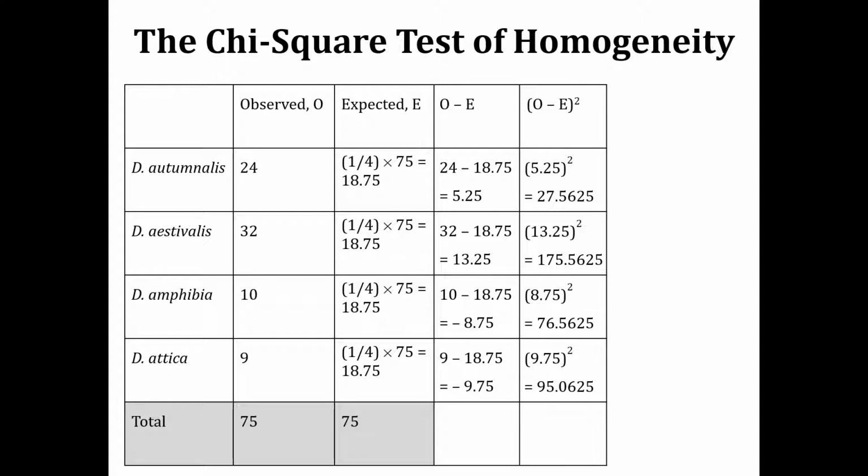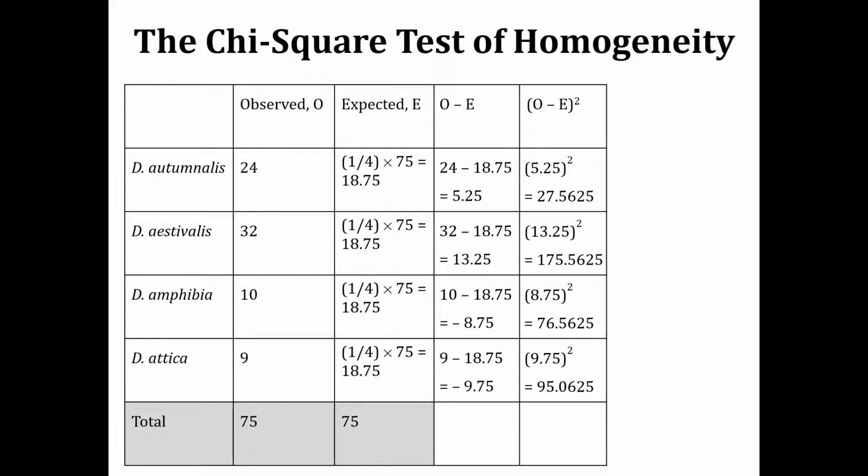Why? Because we are going to take the square of these values in the next column, so it's not going to make any difference if there is a minus sign or a plus sign with your values. So we are going to take the square of these individual values. So the square of 5.25, which was the difference of observed and expected frequency of Dixella autumnalis.